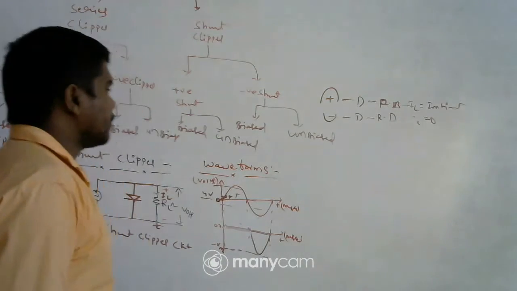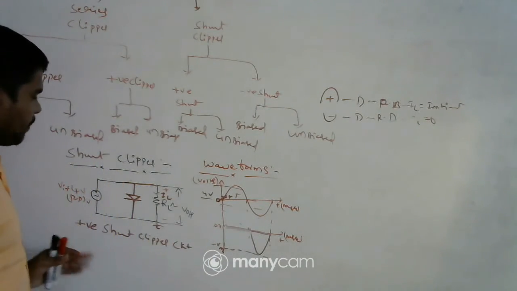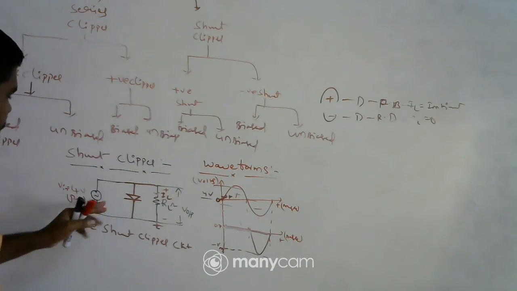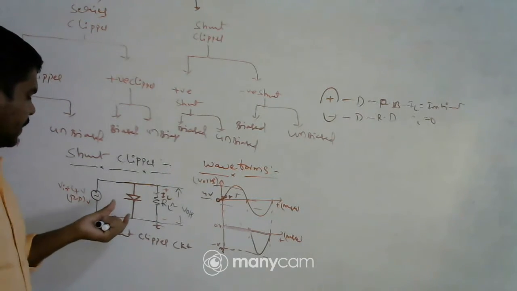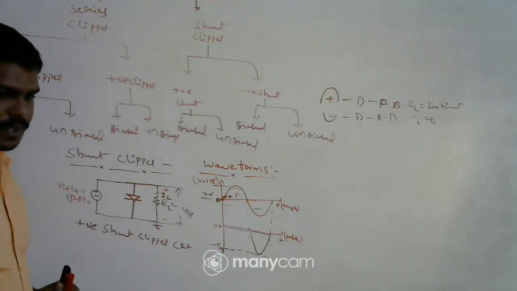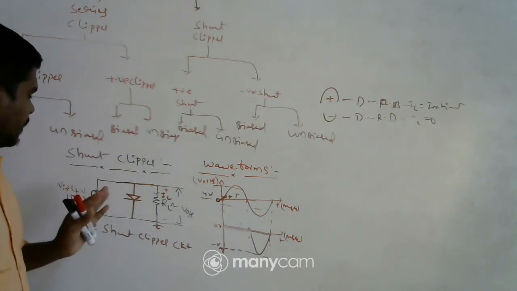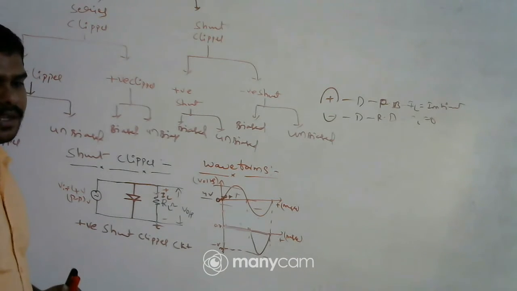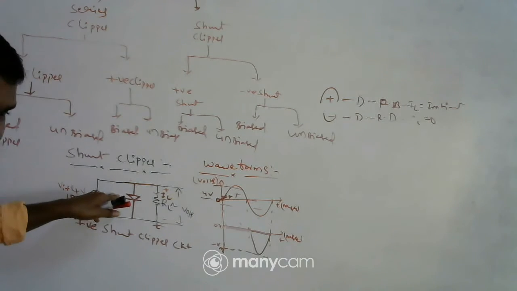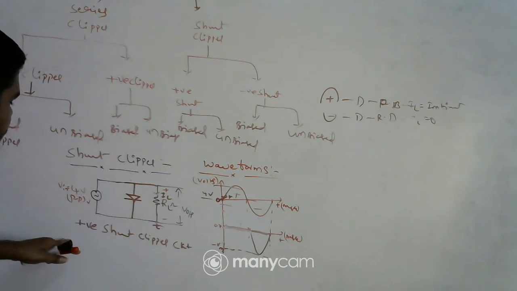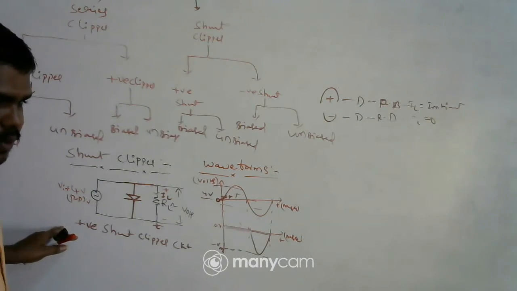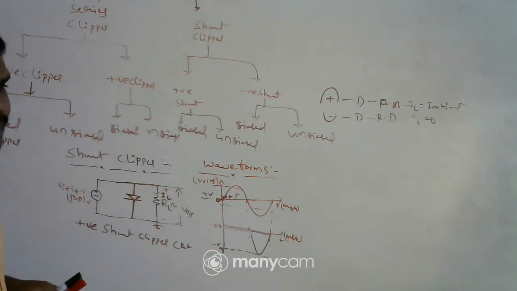Now this is the shunt clipper. Shunt clipper means parallel: we connect the diode in parallel with the load resistor. So this is the shunt clipper circuit. The shunt clipper circuit waveform is exactly opposite of a positive series clipper.